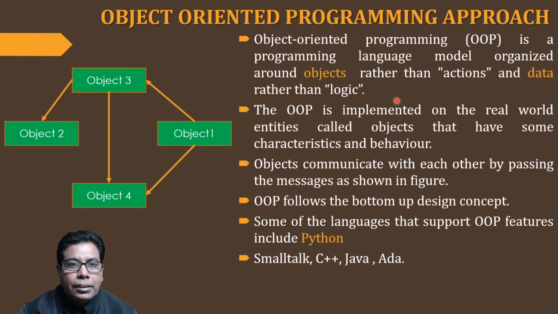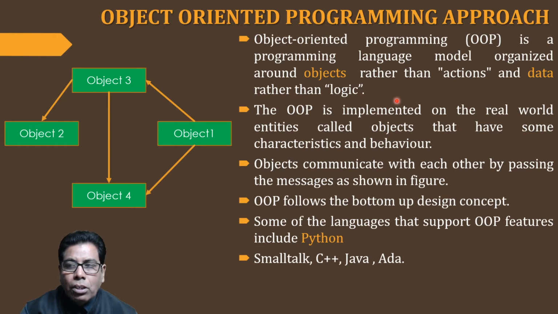Let us first have an overview of the object-oriented approach. The object-oriented approach is a programming language model organized around objects rather than actions, and data rather than logic. That means here objects and data are more important than the actions and logic.